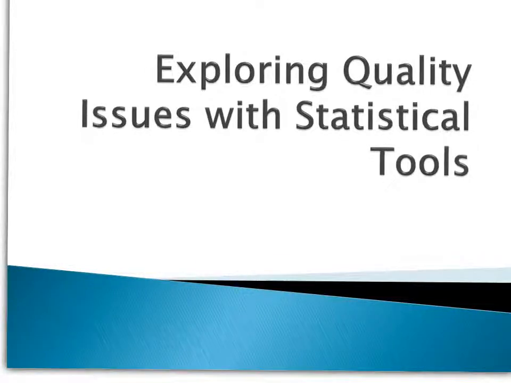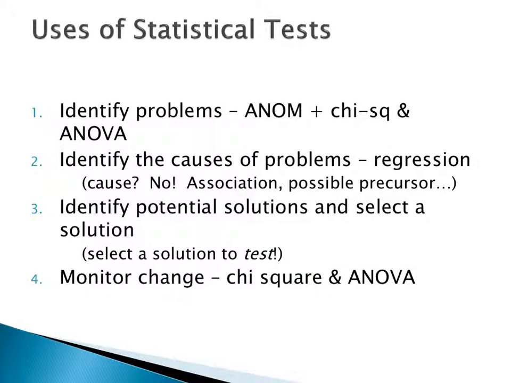Welcome to one of my favorite topics, exploring quality issues with statistical tools. Ross says there's 4 uses of statistical tests, but I beg to differ a little bit on the table that he presents. He says we can identify problems, that's true.